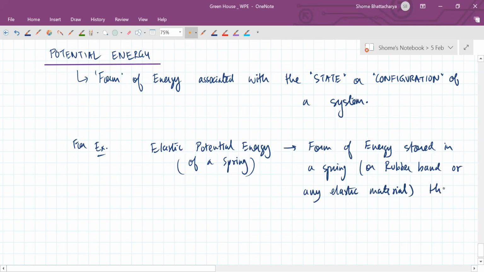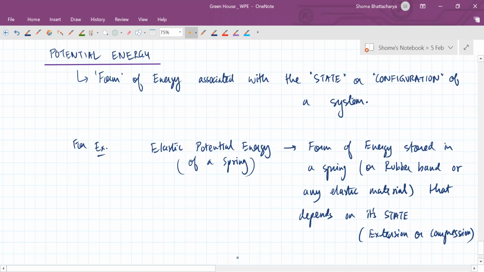That depends on its state, that means its extension or compression, whichever be the case.